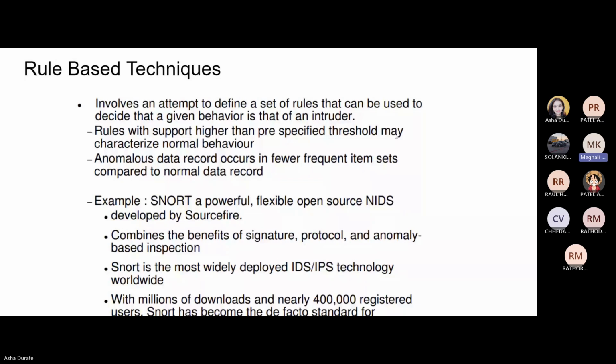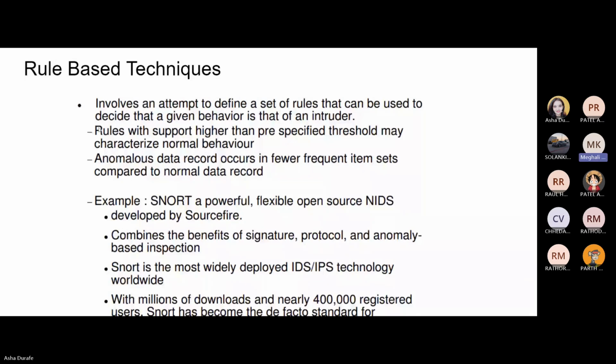So you can use the benefits of signature protocol and anomaly based inspection here. These are some tools which can be used directly for your network intrusion detection systems, and you can have it as a de facto standard for intrusion prevention systems as well. So these are some rule based techniques which are available here.